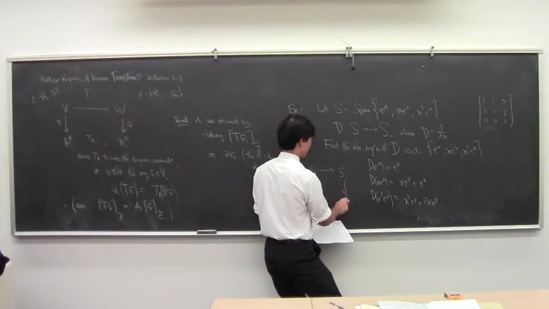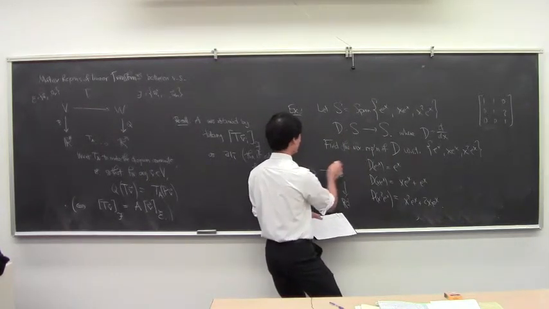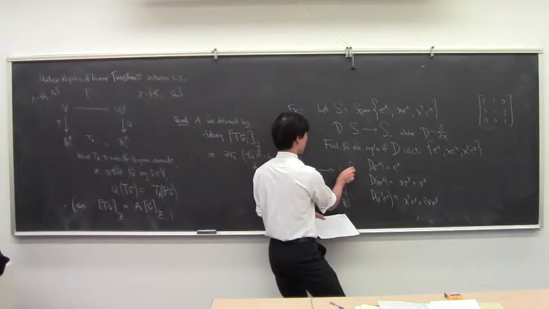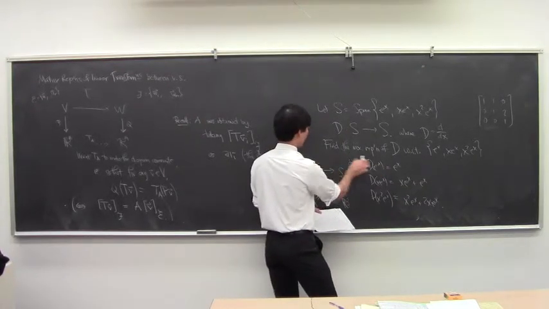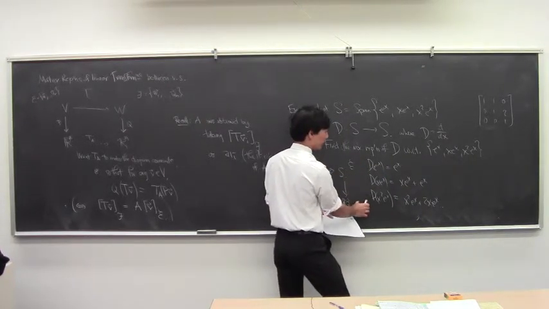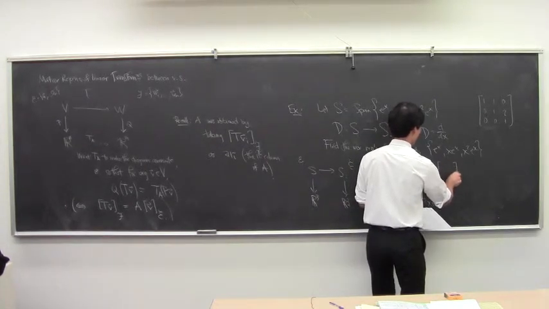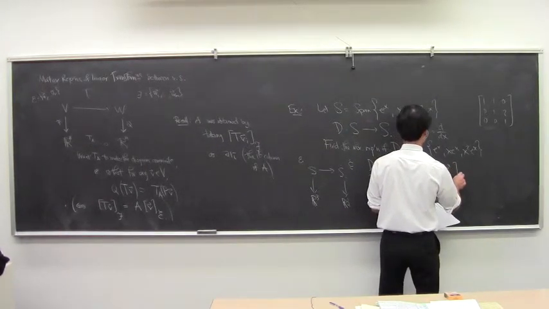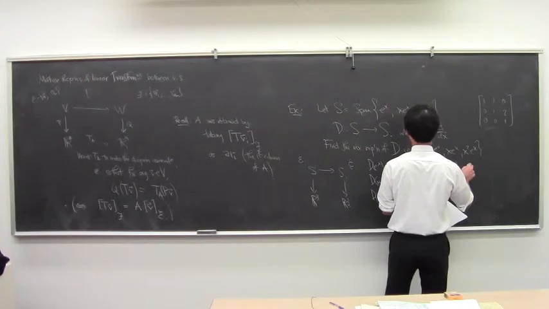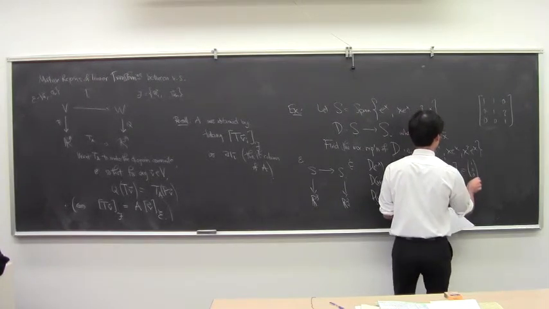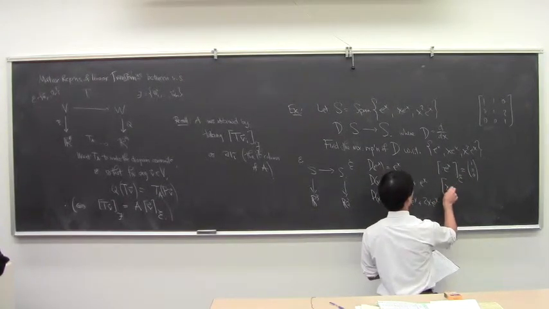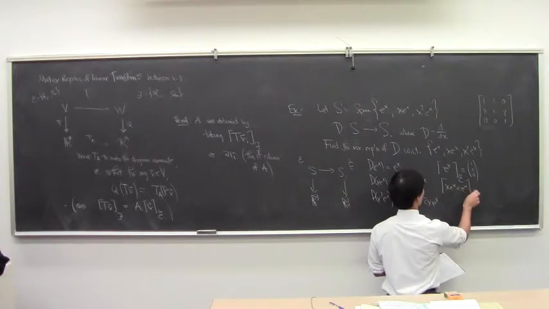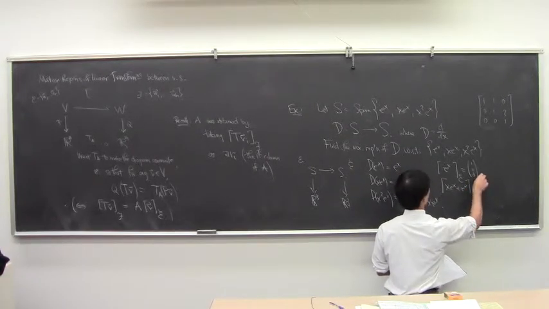So we've got S, R3, and we're using the same basis in both cases. You take the first element, run it through, and find its coordinate vector. The coordinate vector of e to the x with respect to this basis is just 1, 0, 0. The coordinate vector of the next one is 1, 1, 0.